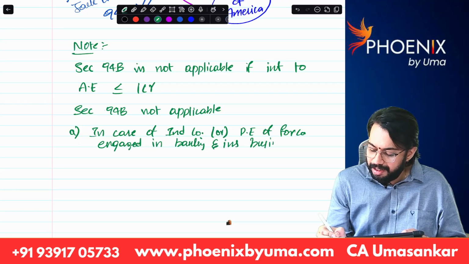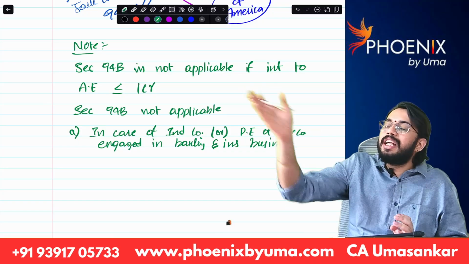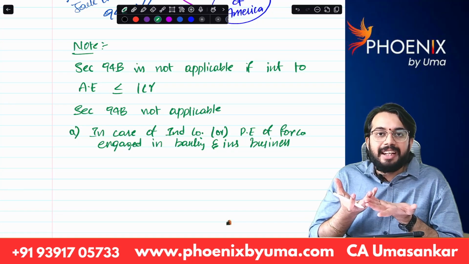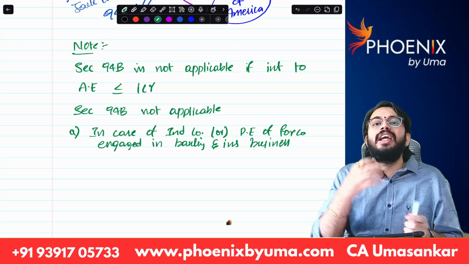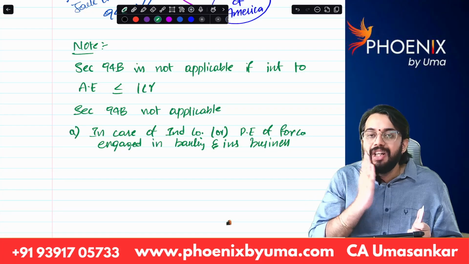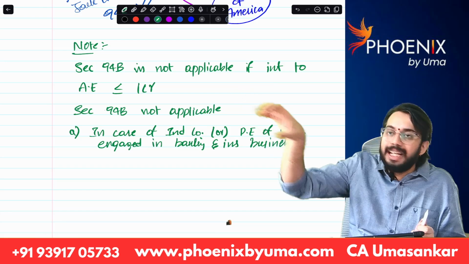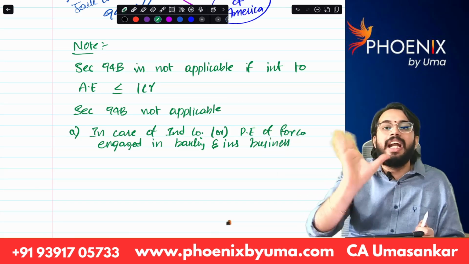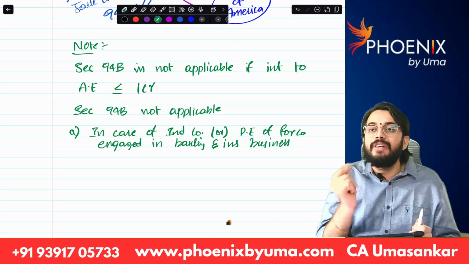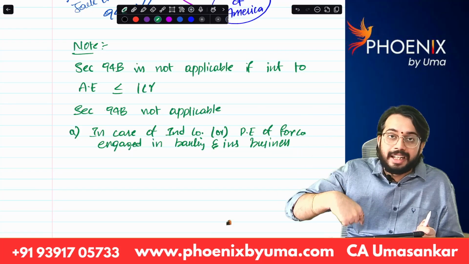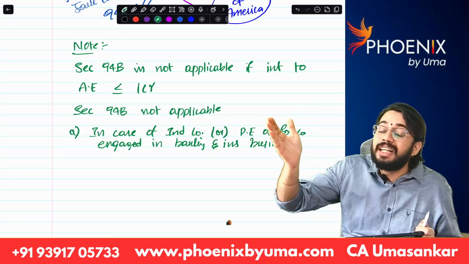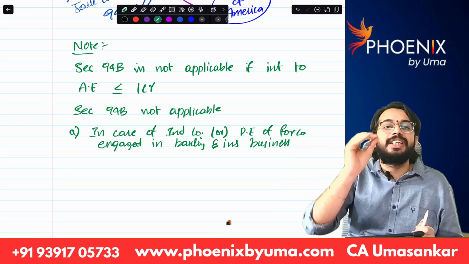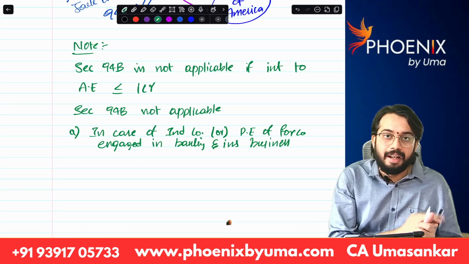See, our associated enterprise is engaged in banking business. In case of banking business, their main business only giving loans and taking loans, correct? So, as part of business, if I take any loan from associated enterprise, then section 94B is not applicable. So, whenever you are taking loan from your associated enterprise, where that associated enterprise is engaged in banking business or insurance business, then section 94B is not applicable. Are you able to understand?